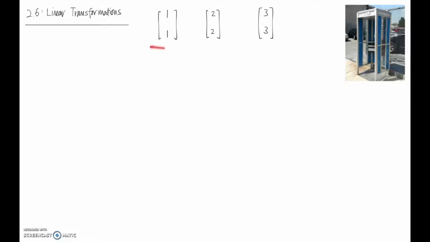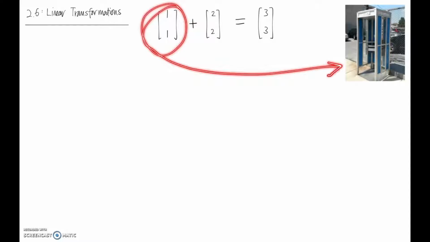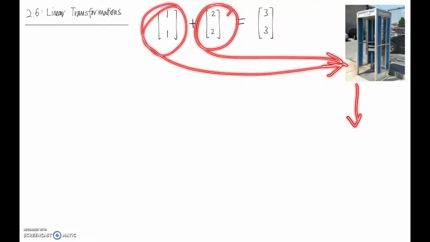So take a look at these three vectors. Looking at them, we can see immediately that they have a pretty special relationship: the first two, if you add them together, equal the last one. A question that I want to pose is, we know that this plus this equals this. What if this goes through a transformation, and this goes through a transformation, and they come out as certain new vectors?